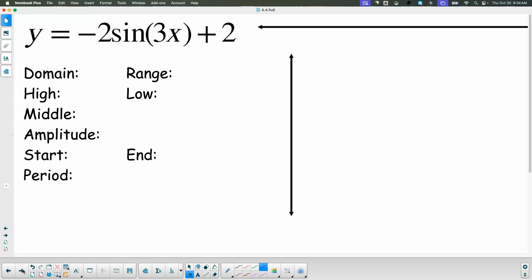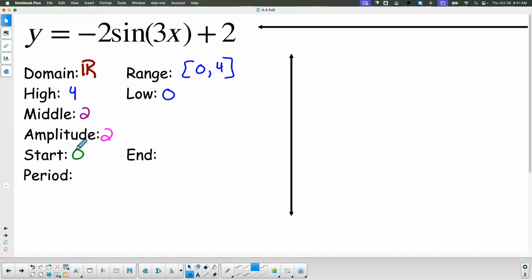Try that one. Boom! Domain, all real numbers. Amplitude is 2. The middle is 2, which makes my high value be 4, my low value be 0. My range then goes from 0 to 4 inclusive. It's not Tuesday, so we're still starting at 0.